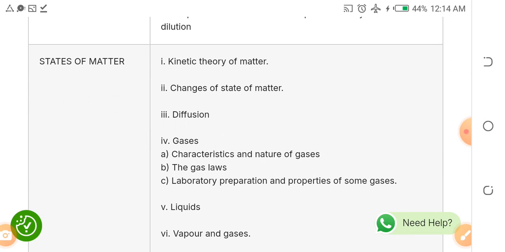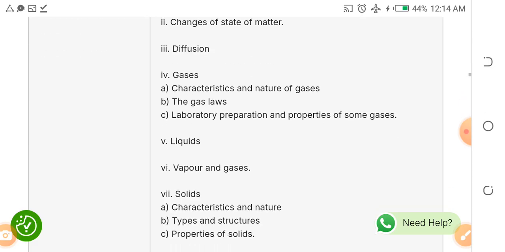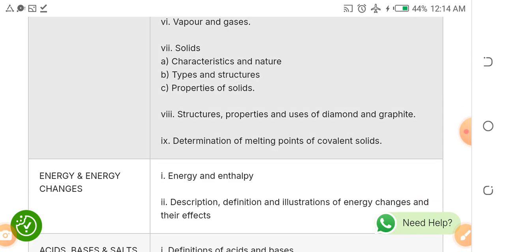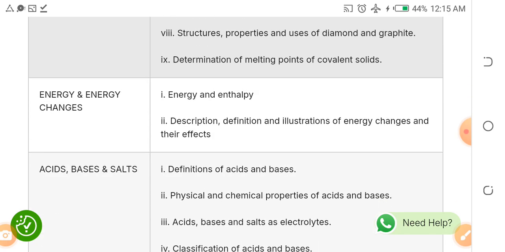Then read up states of matter, like kinetic theory of matter, changes of state of matter, diffusion, gases, characteristics and nature of gases, the gas laws, laboratory preparation and properties of some gases, liquids, vapor and gases, solids, characteristics and nature, types and structures, properties of solids, structures, properties and uses of diamond and graphite, determination of melting points of covalent solids, energy and enthalpy, distribution, description, definition and illustration of energy changes and their effect. You know, enthalpy, entropy and all the rest.